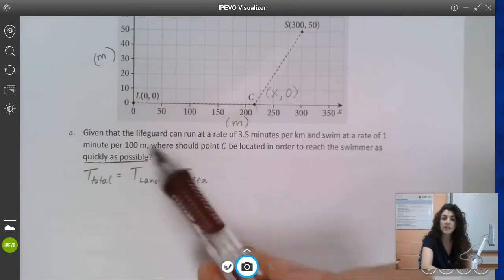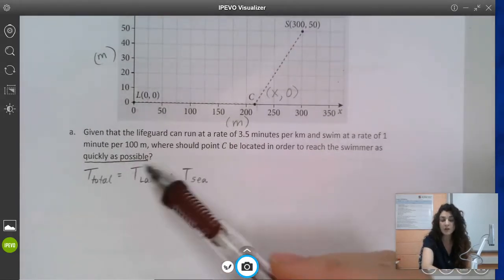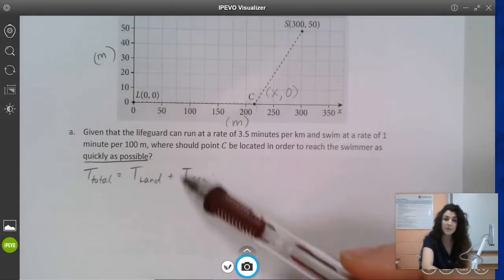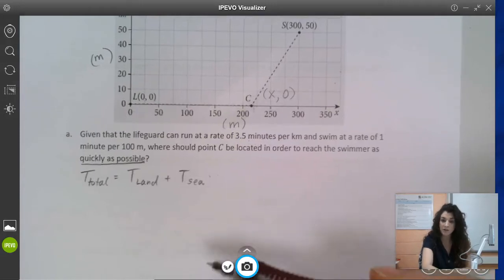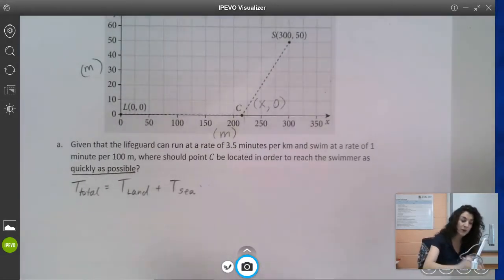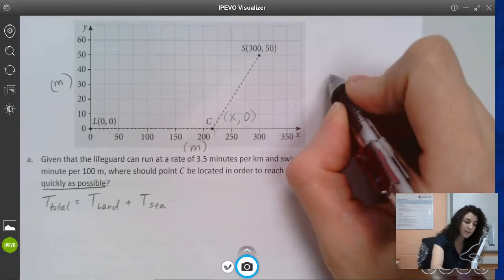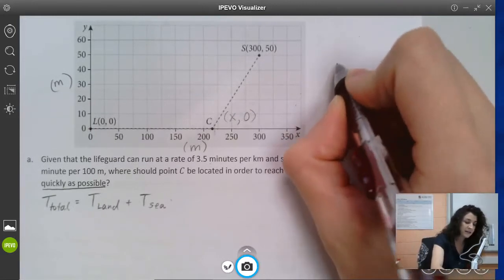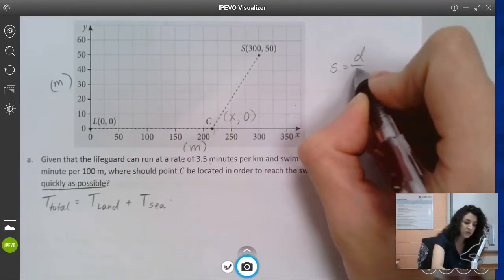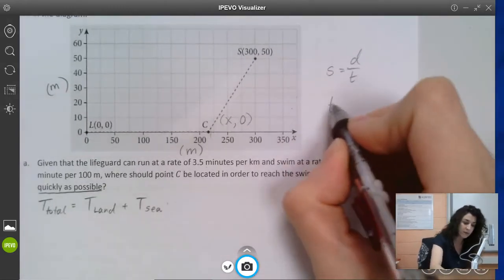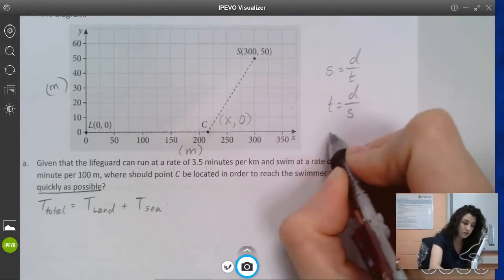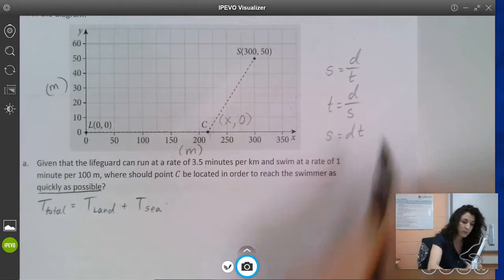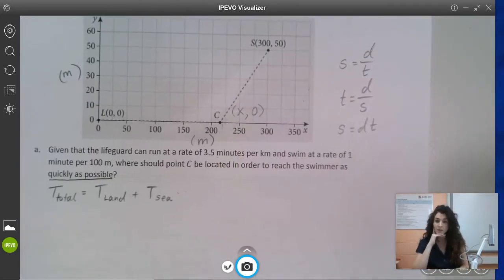Our goal then is to put in an expression that represents time on land and an expression that represents time on sea. I would also like to give you one more hint before I let you go. Remember that speed equals distance over time, and that relationship can be changed to represent whatever you want it to represent.